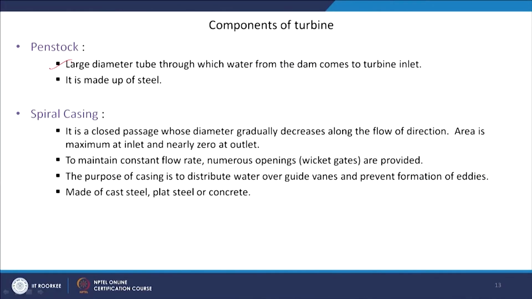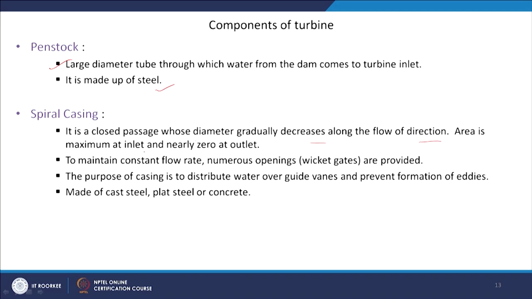Now, we will see the components of turbines. What are the components of turbines? It is attached to the penstock. Penstock is the large diameter tube through which water from the dam comes to the turbine inlet, and it is made of steel. Then the spiral casing is a closed passage whose diameter gradually decreases along the flow direction.